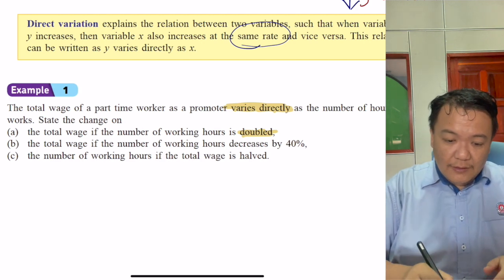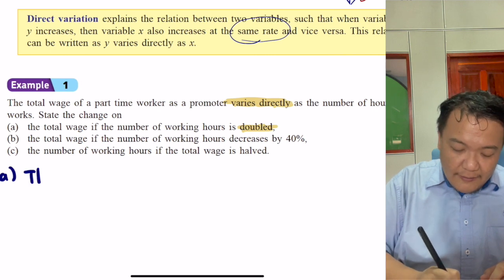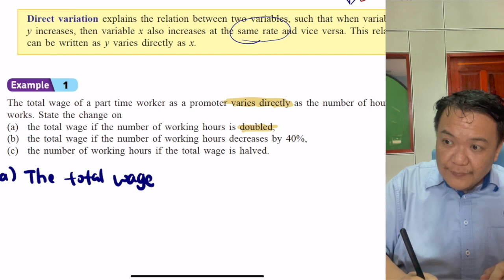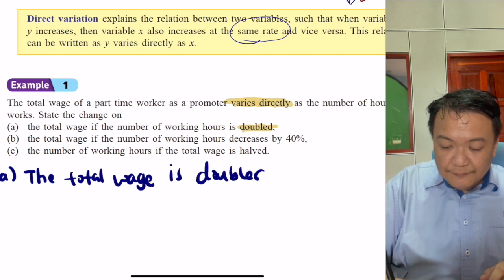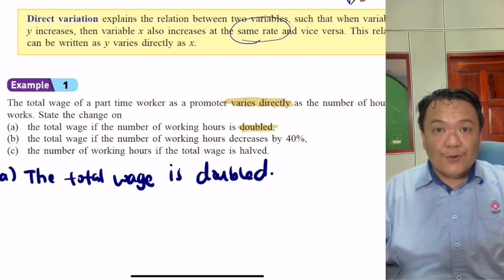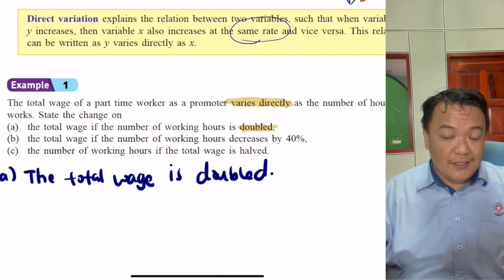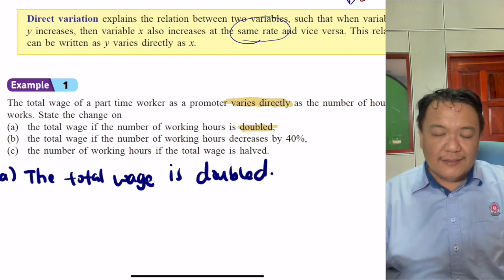You can write it as, A, your answer is, the total wage is double. If the working hours is double, so your wage, your gaji is also double. That is what it means with the same rate.